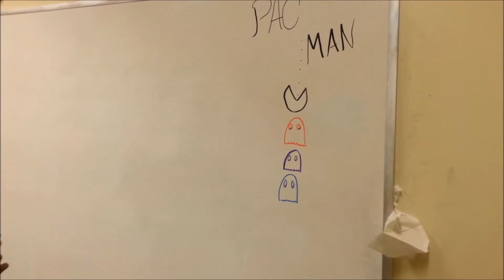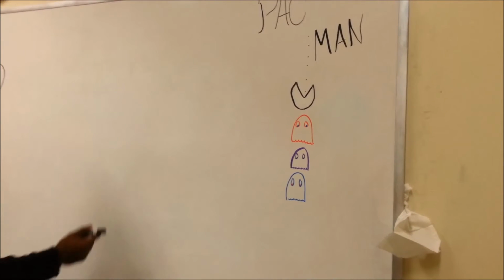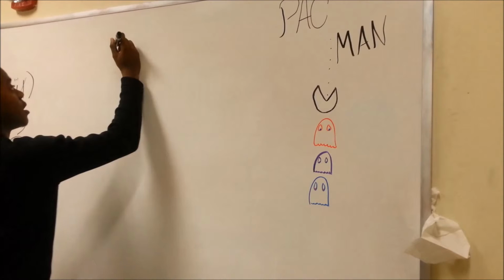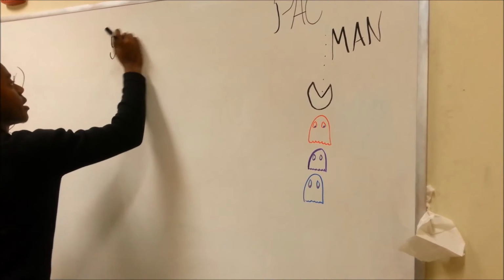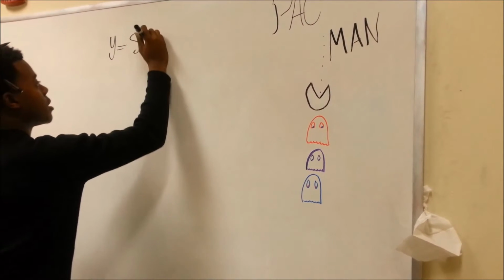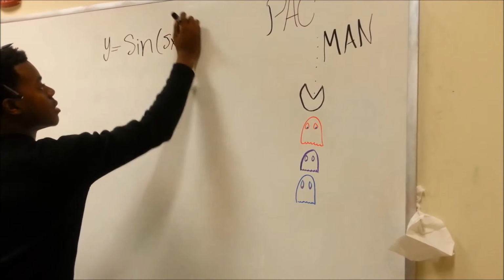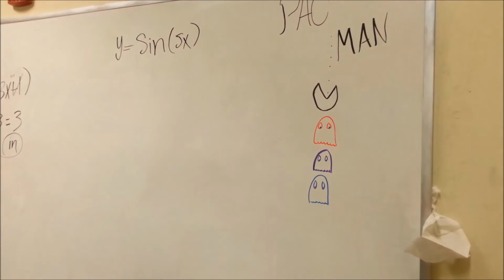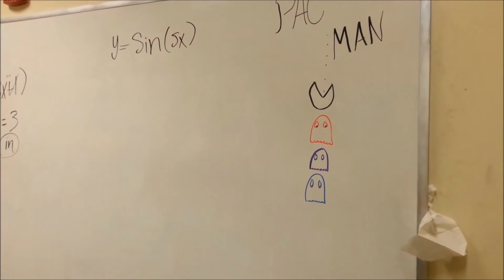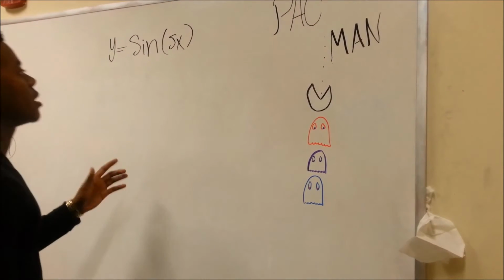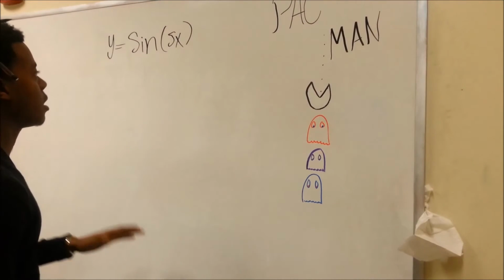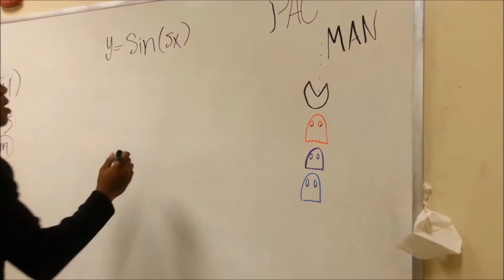For our second example, we're going to differentiate y equals sine 5x. We're going to do the same thing we did in the last example, in which we multiply the inside times the outside, either way, whatever makes you feel comfortable.